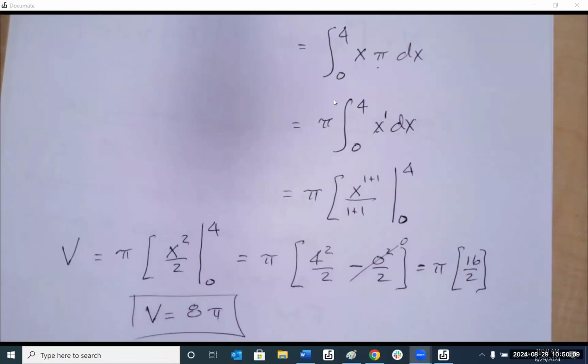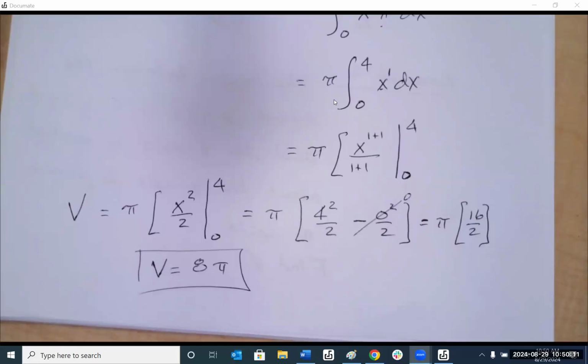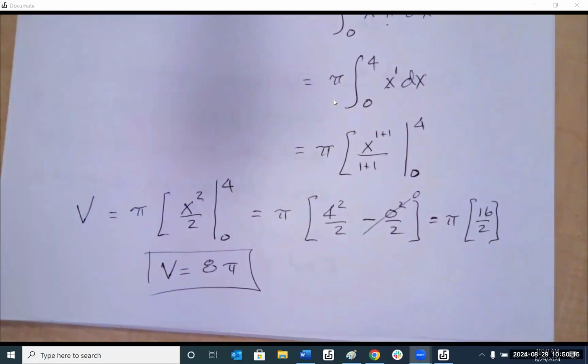So that's my volume. That one was pretty easy. Fortunately, the square root and the x squared cancel out.